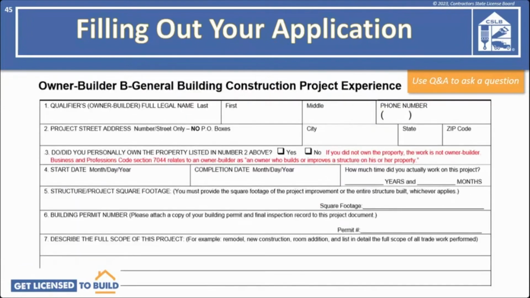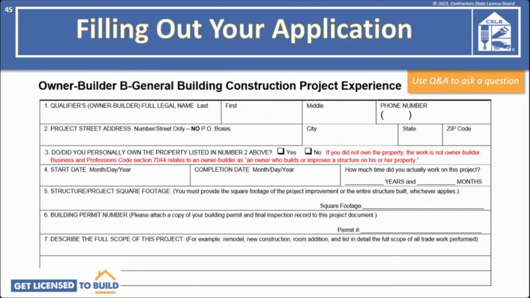Parts of the application, Owner Builder B, General Building Construction Project Experience, Part 1 of 3. The next form we will discuss is the Owner Builder B, General Building Construction Project Experience form. This form only needs to be completed if you are applying for a B, General Construction license and you want to receive experience credit for working on projects on your own property.